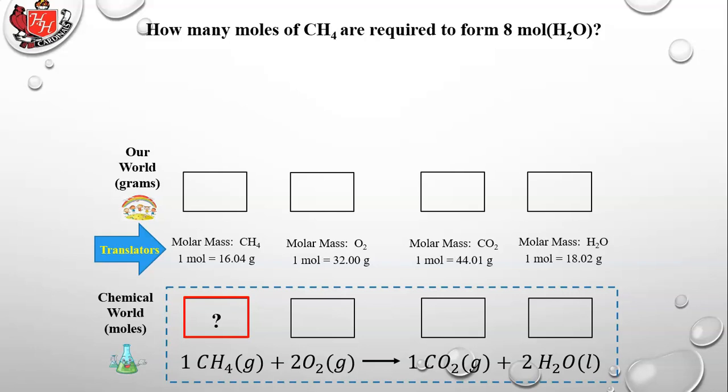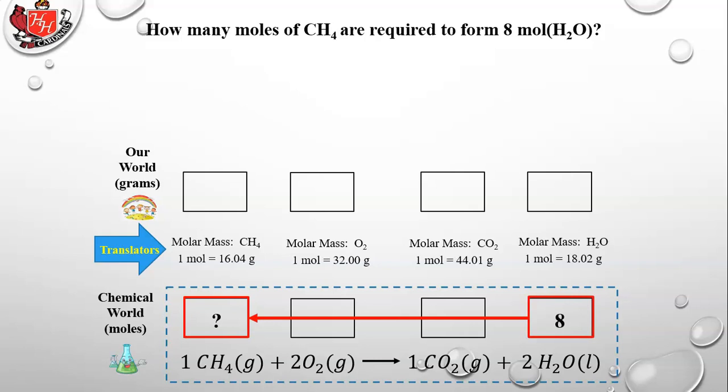Now, are required to form 8 moles of H2O. So figure out which box that would go into. 8 moles is the number you're given, moles of H2O. So where would you put 8 moles of H2O so that you could start this problem? And the answer is it would go right there.